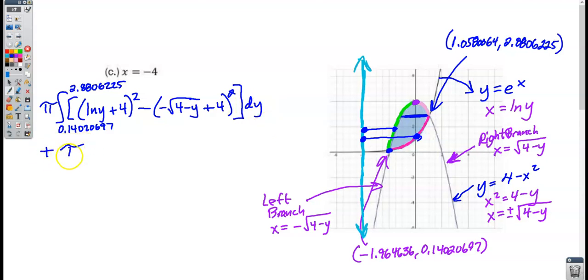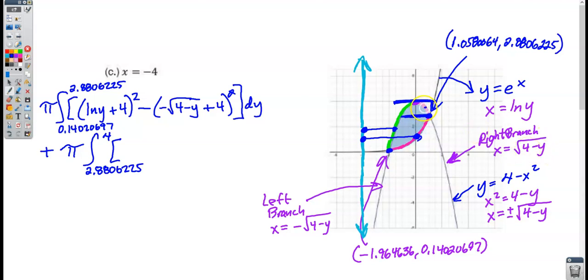And then above the horizontal line starts at this y coordinate right here, 2.8806225, and goes to the y-coordinate all the way at the top here, which is a y-coordinate of 4. And then setting up my curves, I've got this pink curve, which is on the right branch of the parabola. So it's represented by square root of 4 minus y.